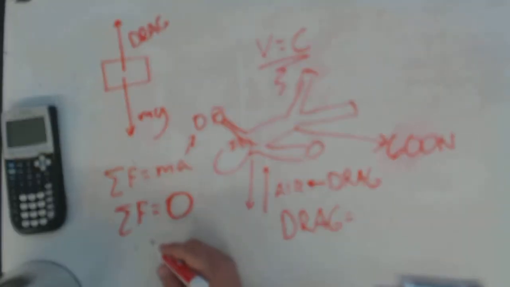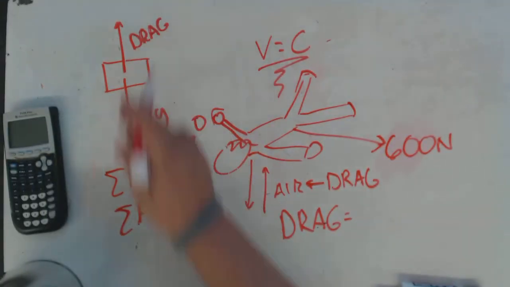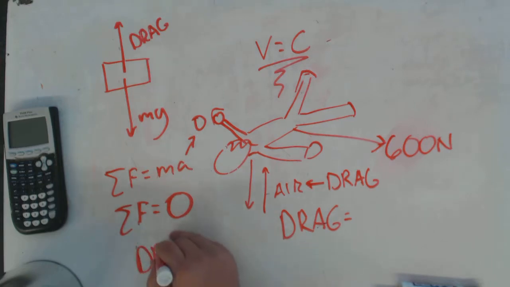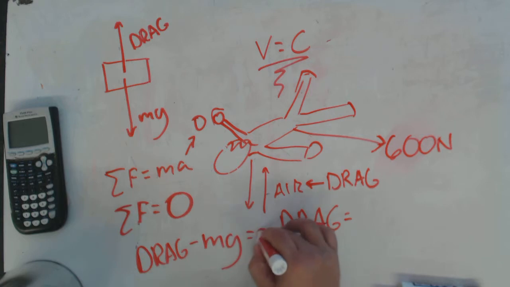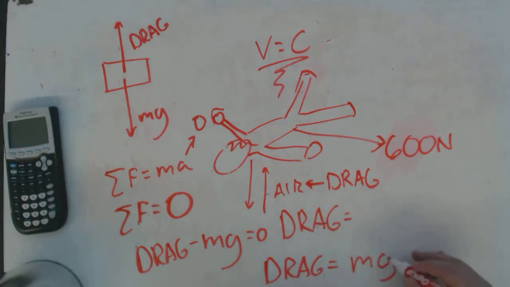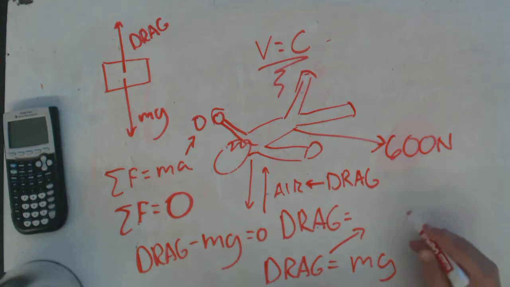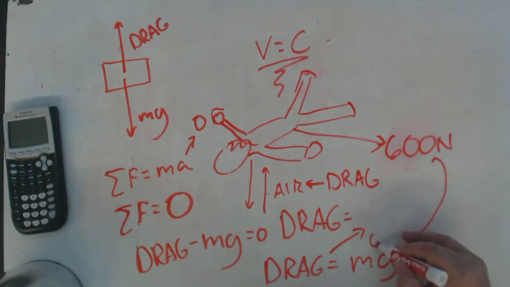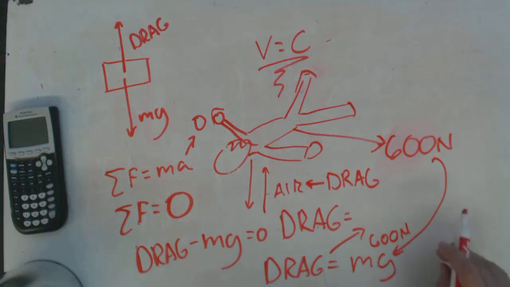So my downward pointing vector is weight, my upward is drag. So drag being positive, put it first, minus the weight equals 0. Or we can say that drag is equal to the skydiver's weight, which means that the drag force is equal to 600 newtons.